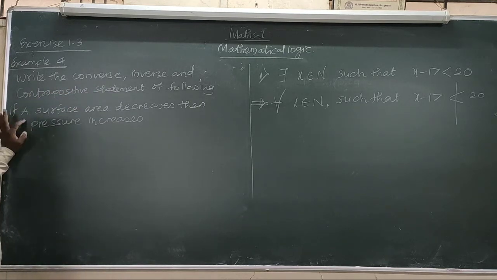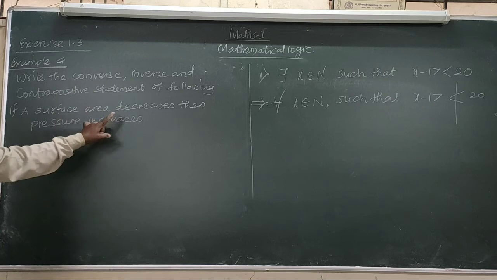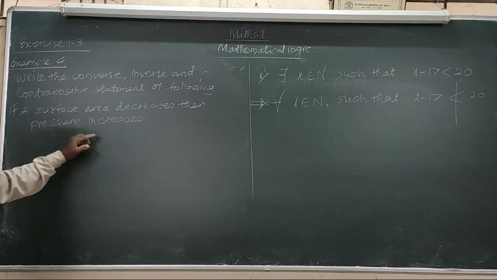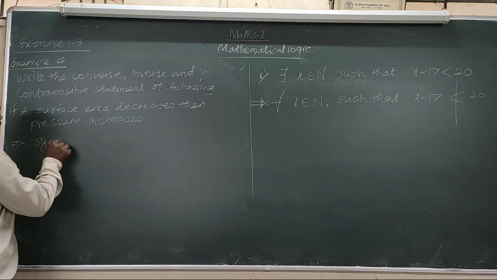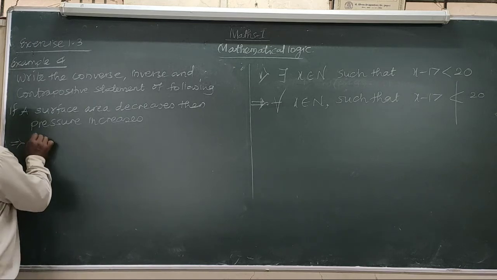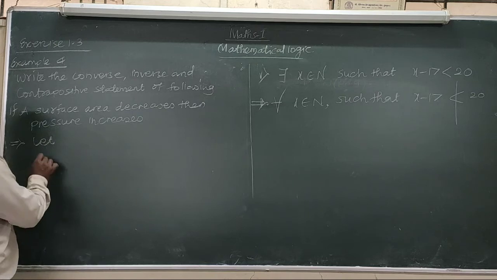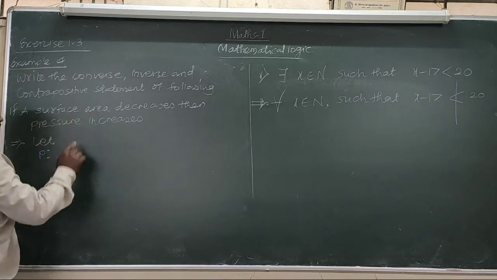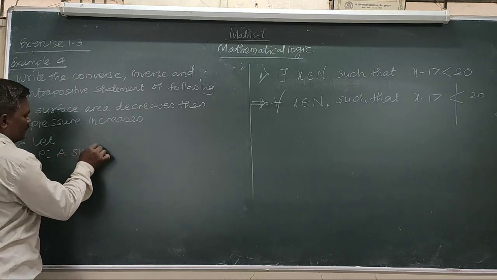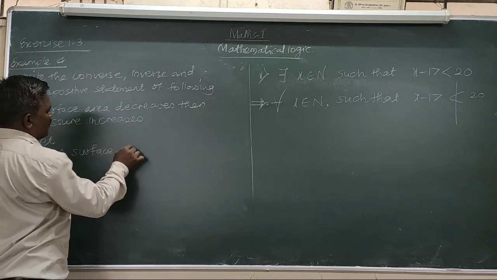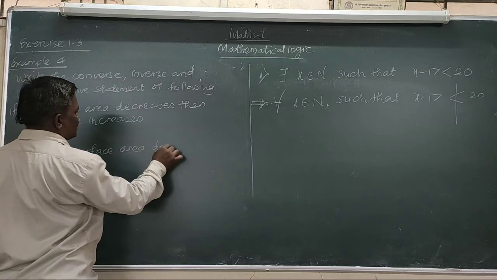If a surface area decreases, then pressure increases. For the symbolic form, we can take let P be the simple statement: a surface area decreases.